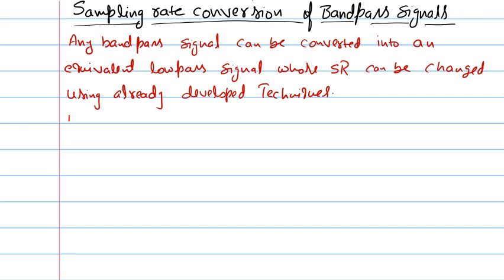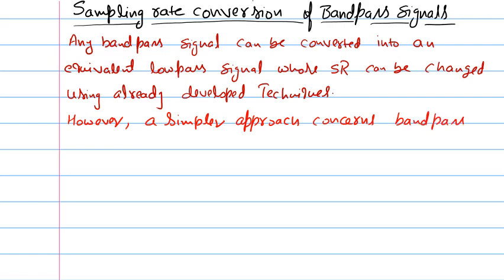However, simpler methods exist. A simpler approach concerns band pass discrete time signals with integer band positioning.